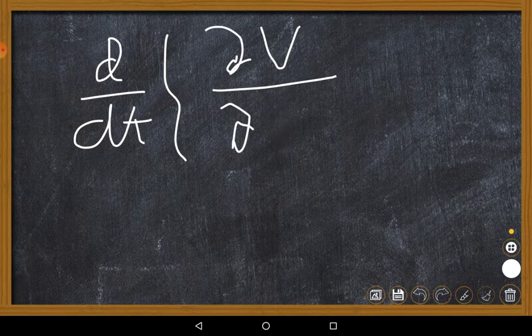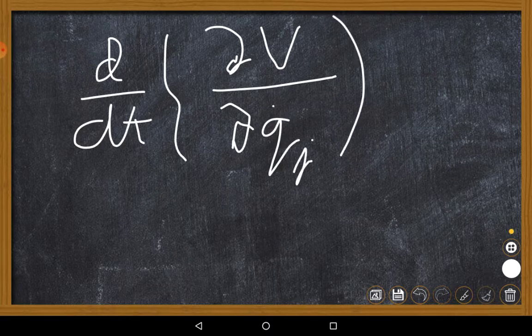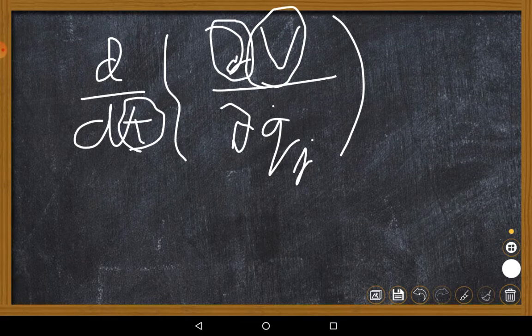You got this term, right? What does this mean? This is the first order derivative of partial of v with respect to this one. Now the thing is that this v is meant for mechanical systems. It cannot be a function of time, so we cannot differentiate it with respect to time, and this will not interfere in any operations of this derivative over this quantity.